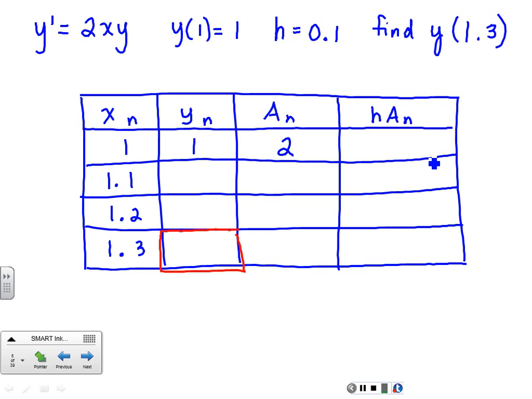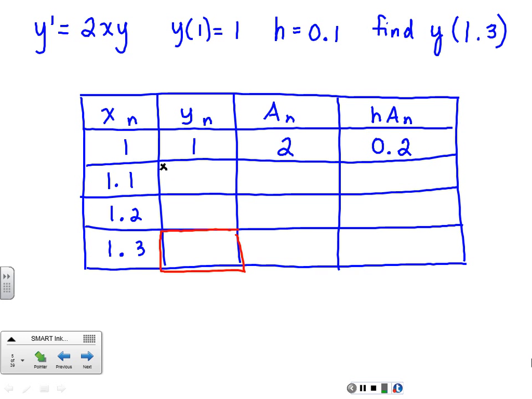Next blank, the step size times your differential equation. So 0.1 times 2 is 0.2. Okay, so in the first blank here, that's the first time we're going to do Euler's method to find y sub n plus 1.